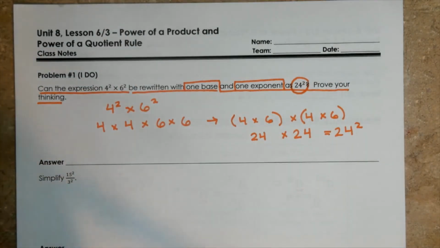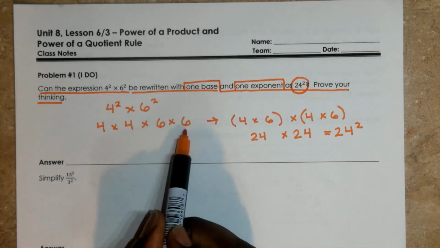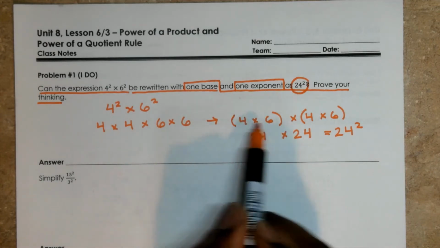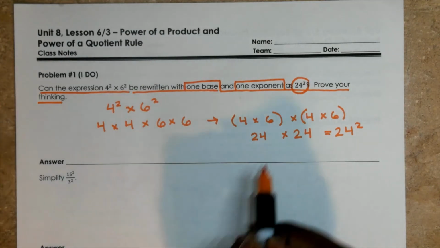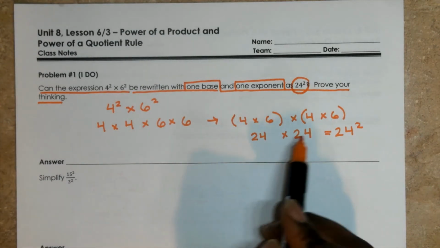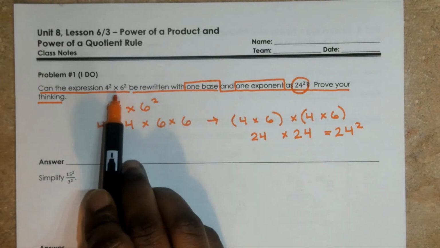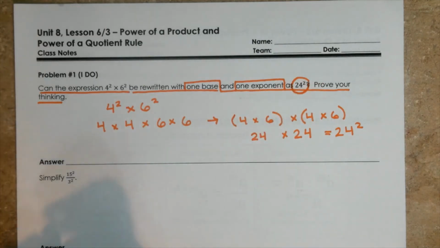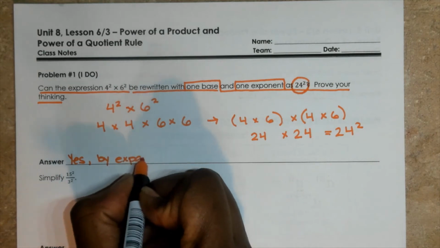So using the commutative property, which allows me to move the numbers as I need to, and the associative property, which allows me to group them as I need to, with multiplication, of course, that is how I can prove that 4 to the second power times 6 to the second power is equivalent to 24 to the second power. So I'm going to answer the question by saying yes.